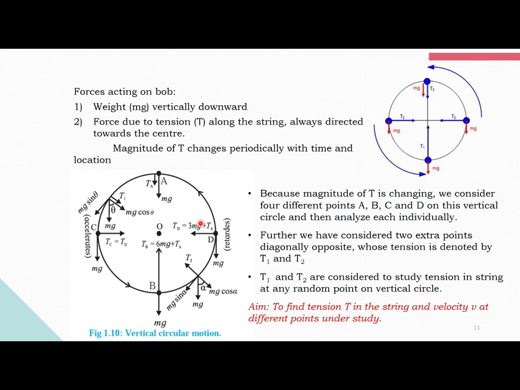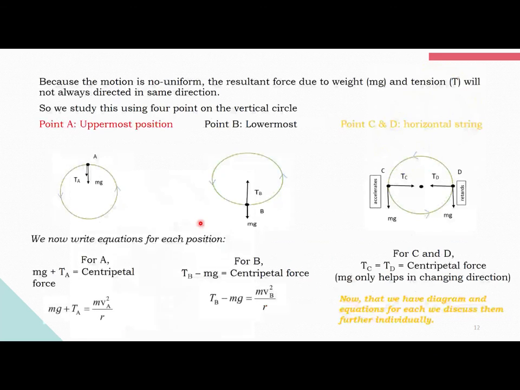T1 and T2 are considered to study tension in the string at any random point on the vertical circle. Because the motion is non-uniform, the resultant force due to weight and tension will not always be directed in the same direction. So we have to study this using 4 points on the vertical circle.